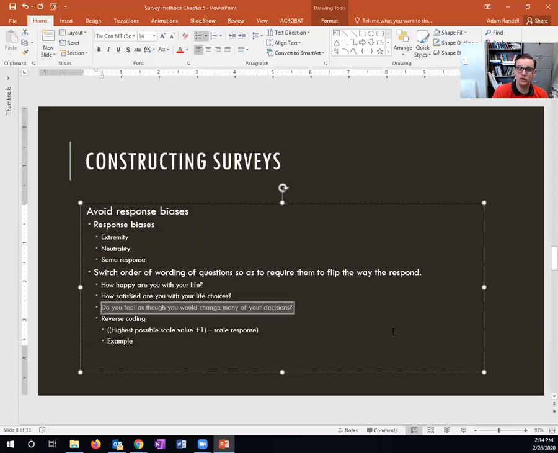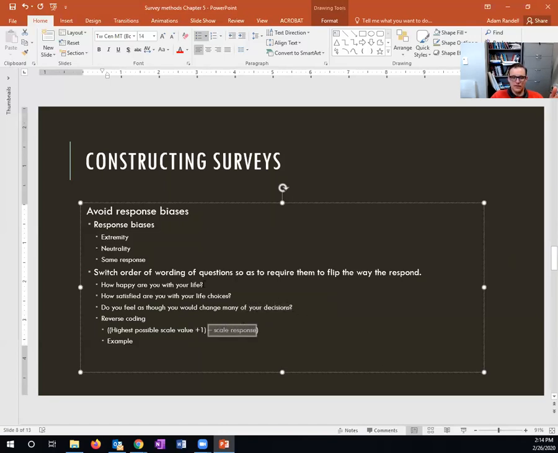And because anytime you have multiple questions in a scale assessing the same thing, you've got to aggregate the scores, what we would do is reverse code this item. When we reverse code, you take the highest possible value on the scale, on a 1 to 7 scale, so you take 7. You then add 1 to it, so that's 8, and then subtract the scale response.